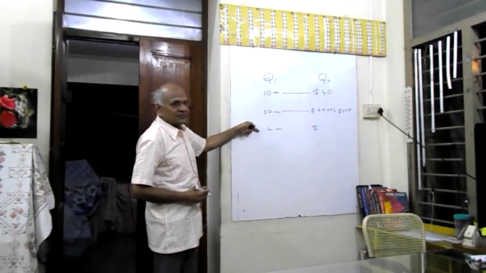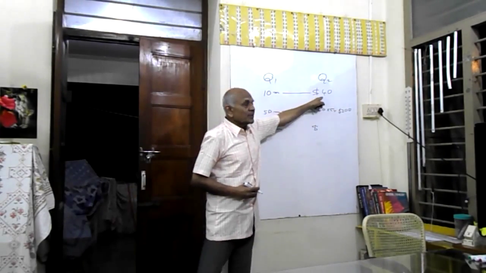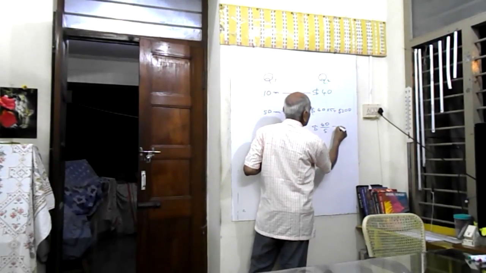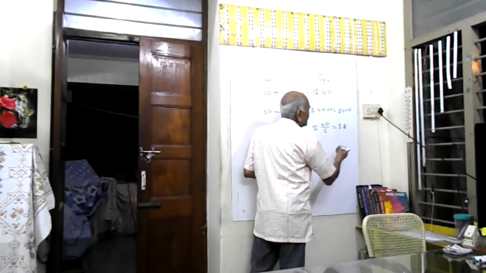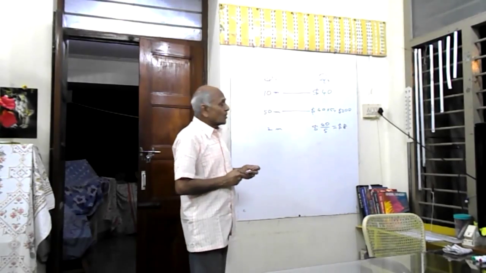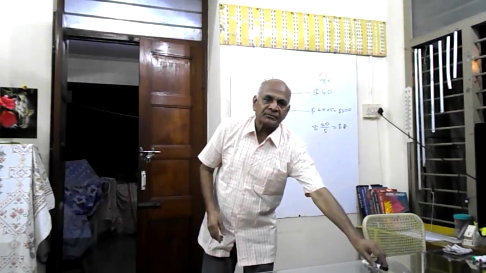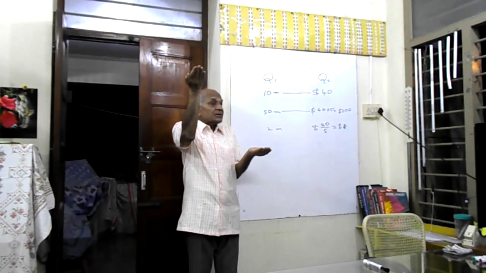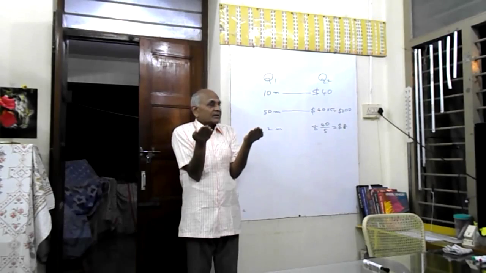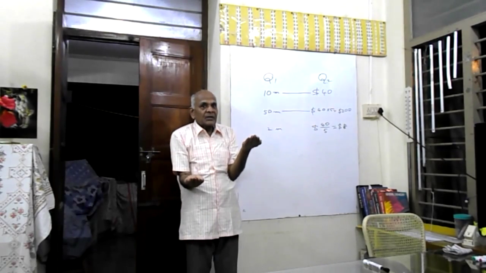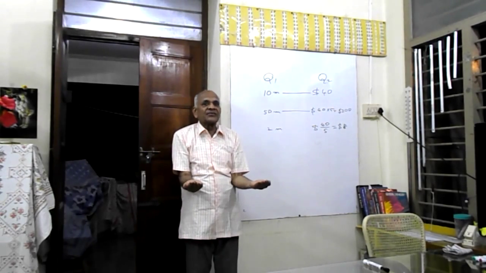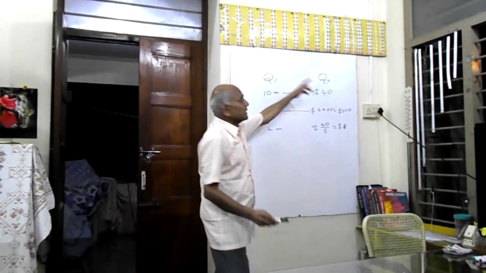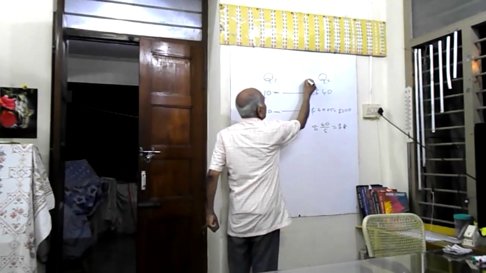That is, it becomes 1/5. Then this will also become 1/5. See how quantity 1 and quantity 2 behave. When quantity 1 becomes 5 times, quantity 2 becomes 5 times. When quantity 1 becomes 1/5, quantity 2 will also become 1/5. This type of relationship between Q1 and Q2 is called directly proportional.